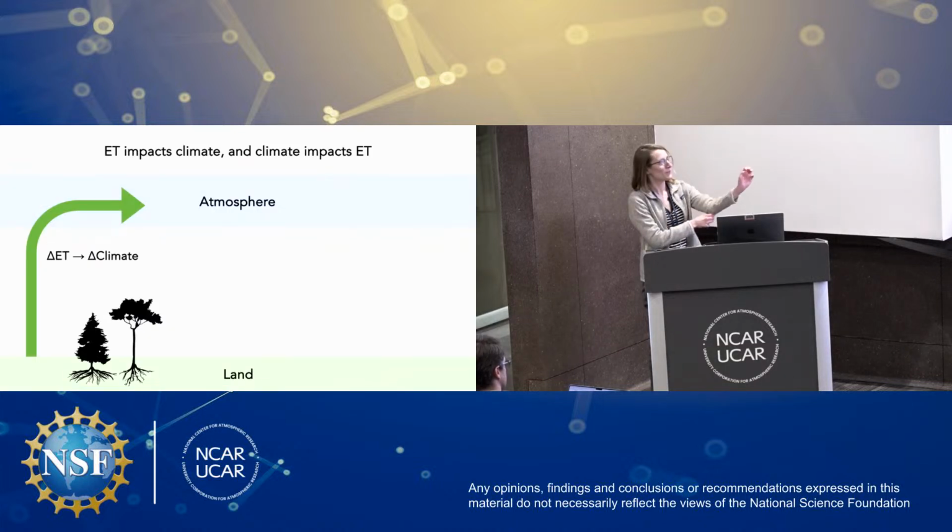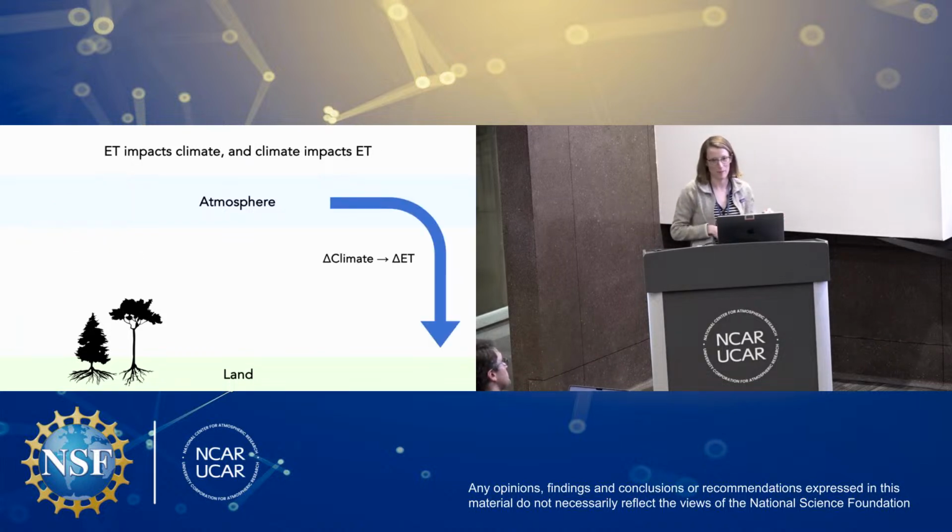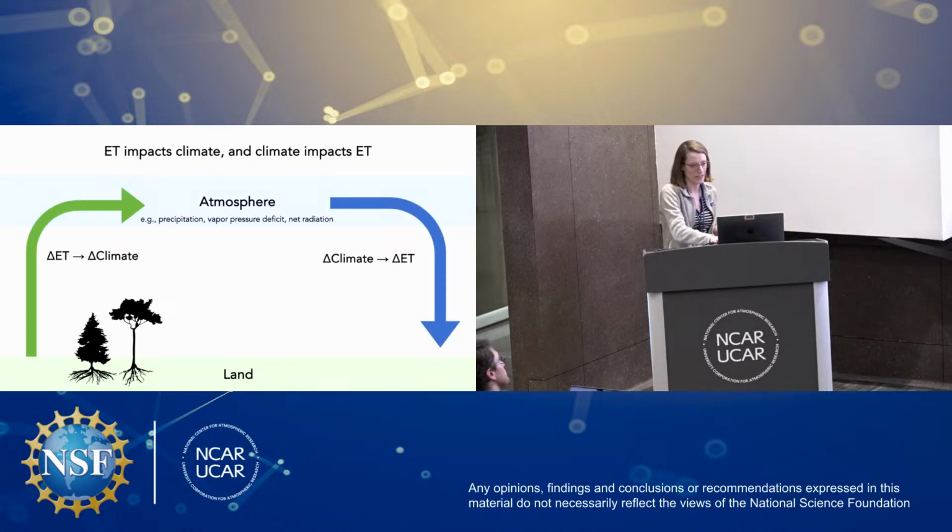So the motivation for this topic is pretty simple. Evapotranspiration impacts climate, and climate impacts evapotranspiration. In particular, a lot of the same atmospheric quantities that multiple studies have shown for a really long time can influence ET are also influenced by ET. So we know that changing land evapotranspiration can drive local, regional, and remote influences on precipitation.